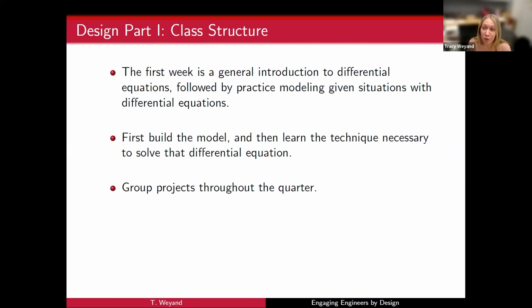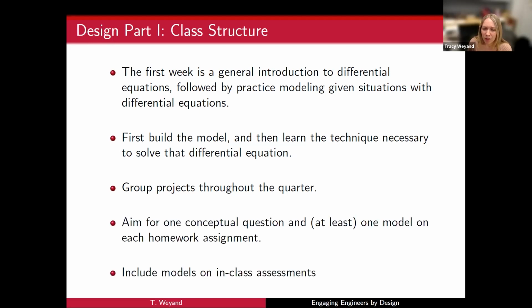I have them work in groups on projects throughout the quarter, 2 or 3, depending on the exact class and how that course dynamic is working along with our course calendar for that term. On every homework assignment, I aim for 1 conceptual question.